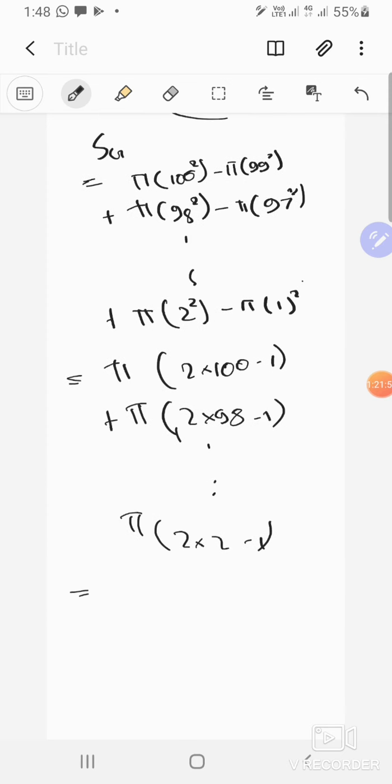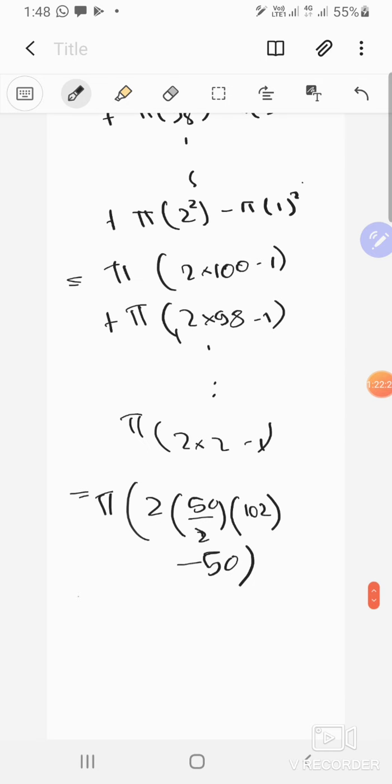How many terms are there? From 2 to 100, in steps of 2, there are 50 terms. So it's going to be pi into 2 into 50 upon 2, into the sum of the first and last term, which is 102, and then minus 50.